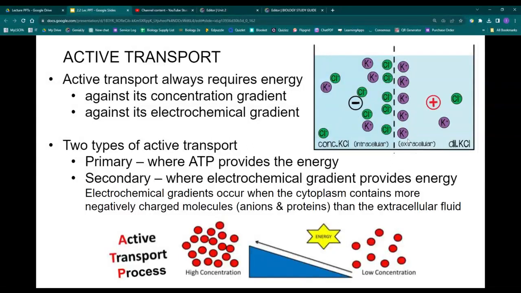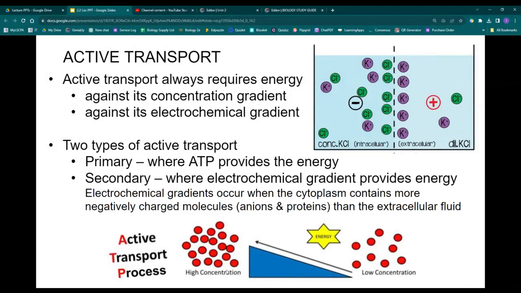So even though there's more potassium on this side, since it's positive, the potassium, if it were allowed to cross, would move in this direction because it's trying to get away from the positive charge. It'll move this way, even though there's a lot of potassium pushing the other way.